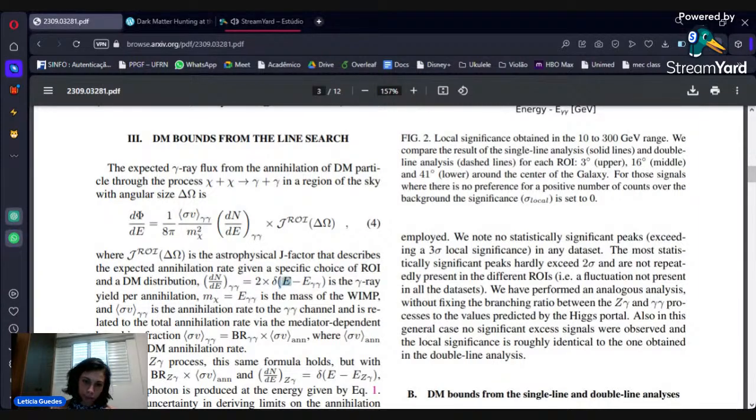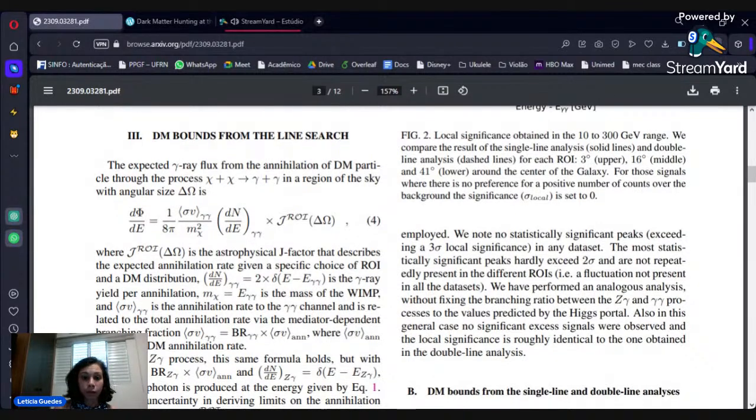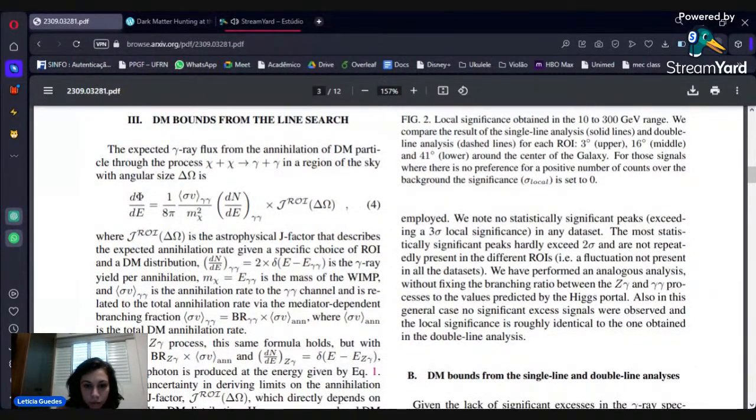So if the energy that we get is not equal to the energy we are expecting, that is equal to the mass of the dark matter, we exclude this channel. We don't get the signal. And the same can be done for gamma Z here as a delta function. So we just exclude everything that doesn't have the energy that we want to get.